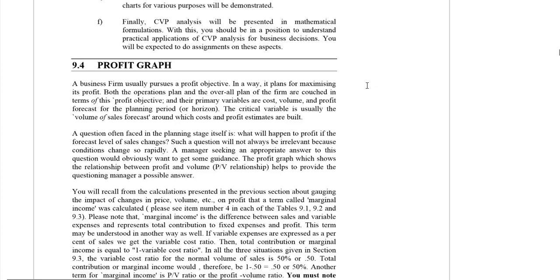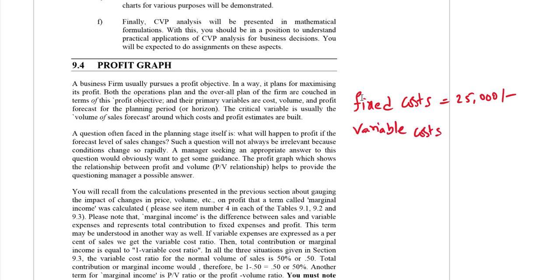For example, fixed costs in a business are, let's say, 25,000 rupees. Variable cost per unit. Normally, variable costs are expressed per unit. 6 rupees per unit is given.